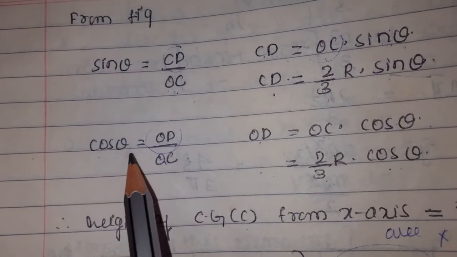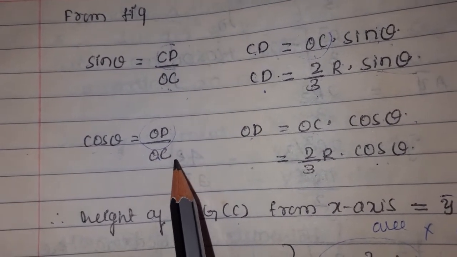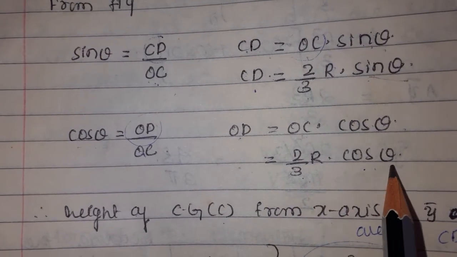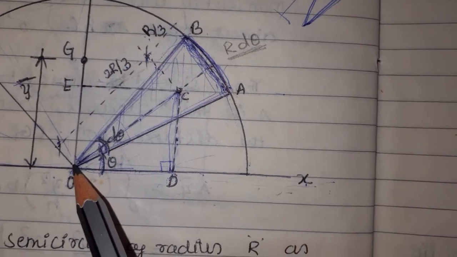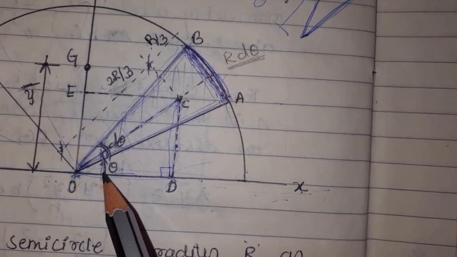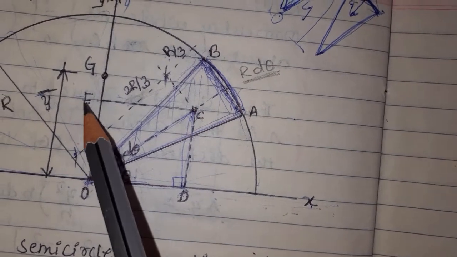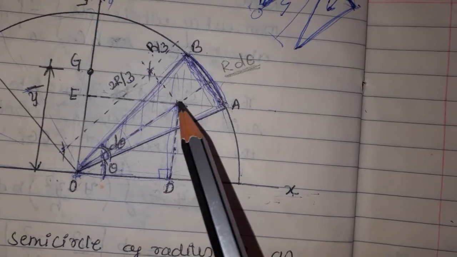Next, cos theta is equal to OD by OC, adjacent by hypotenuse. So OD is equal to OC cos theta, 2/3 of R into cos theta, that you can see in this figure. So you have resolved the OC component along the y-axis and along the x-axis.